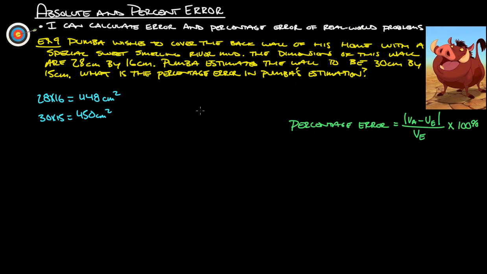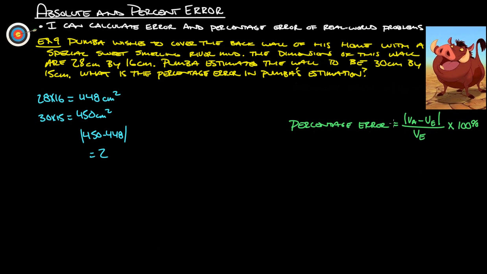Okay, so the approximate here is our 30 by 15, so that's 450, and then the exact is 448. So we're going to do 450 minus 448, take the absolute value of that, and that is going to simply give us 2.